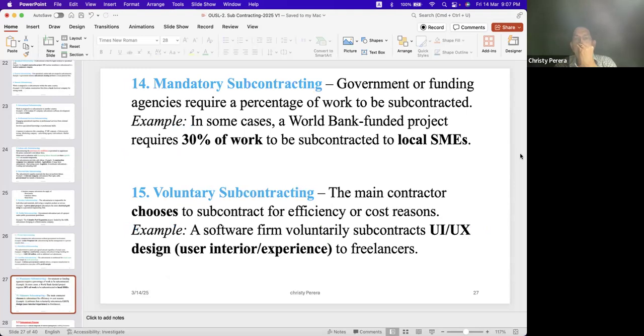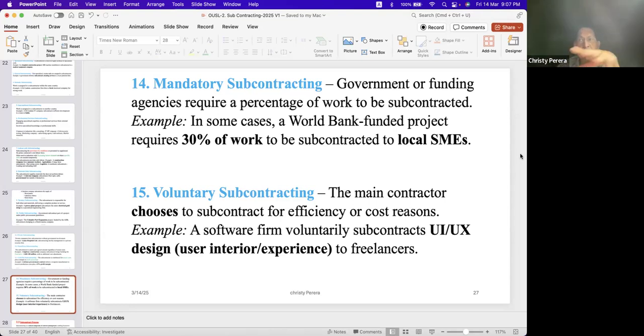It's mandatory. For example, World Bank, some projects only, World Bank funded projects, they always say you will have to subcontract 30% of work to local SMEs, small medium enterprises.